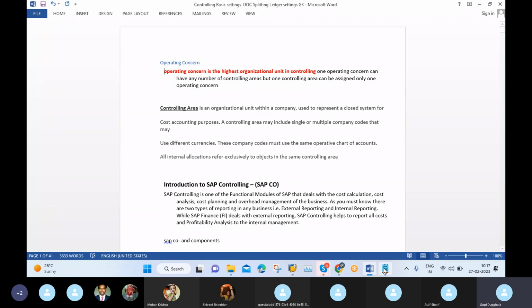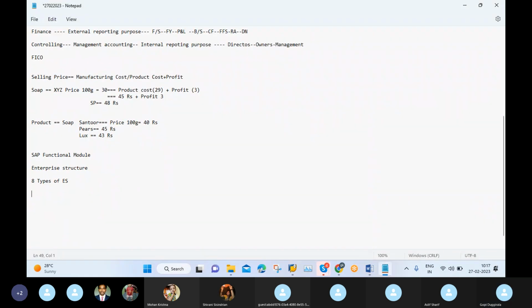What is the structure? The first thing is operating concern over client. The next thing is company. The next thing is company code over controlling area.